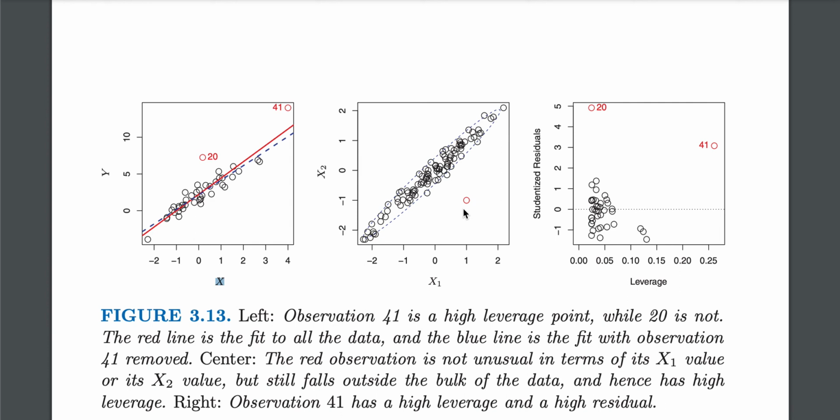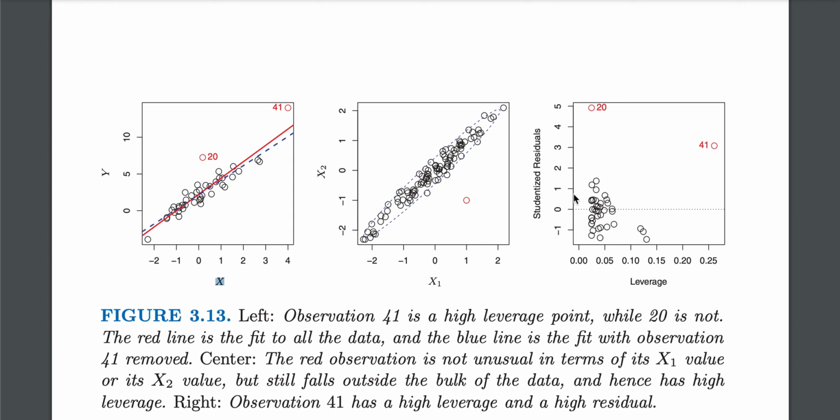As you can see, 41 being there or not changes the slope from the red to the blue. So that's a change.